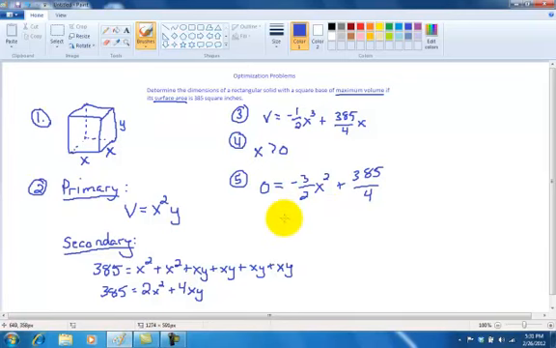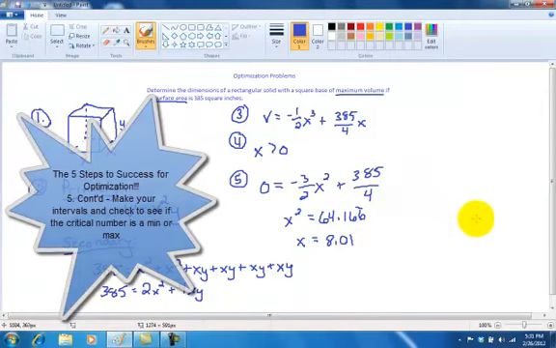I get x squared equals 64.166. If you're confused on how I did that, I subtracted 385 over 4, then multiplied by negative 2/3, the reciprocal. Alright, I take the square root, make this 8.01. Alright, now it is plus or minus 8.01, but again, that's why we did this domain. It has to be positive number, so we can get rid of that negative solution.